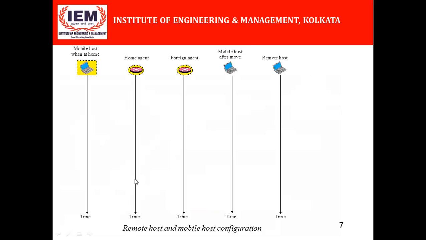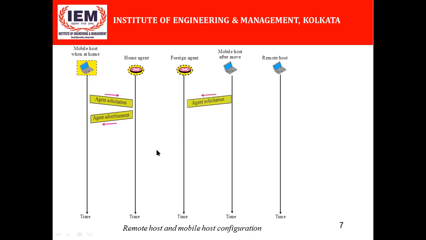Now I'm going to show you some very common steps. I already told you that when the mobile host is present at its home network, it must send its agent solicitation towards the home agent. Next, the home agent transmits agent advertisement towards the mobile host. First solicitation, then advertisement.